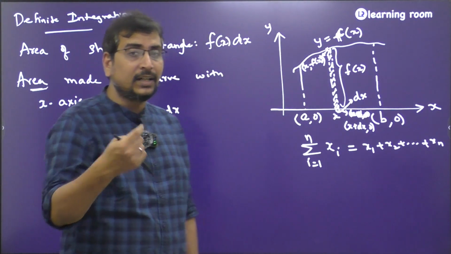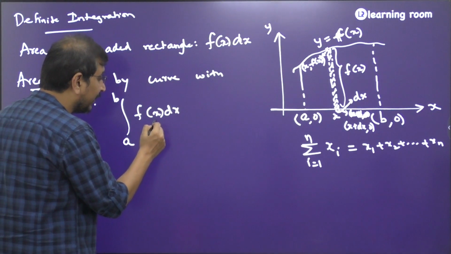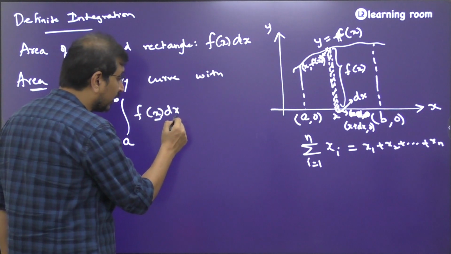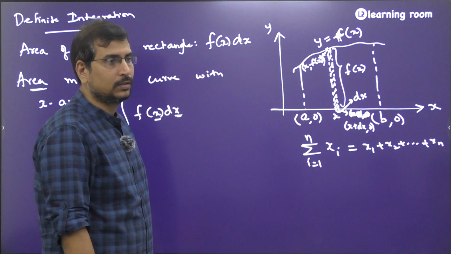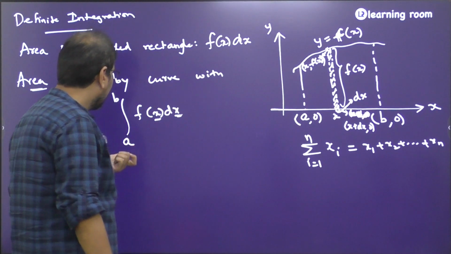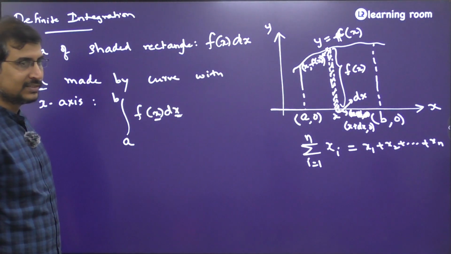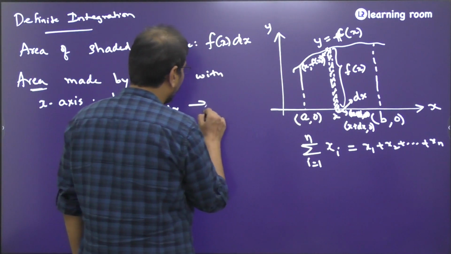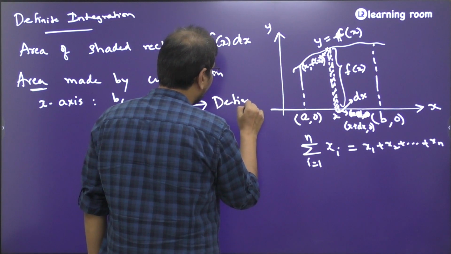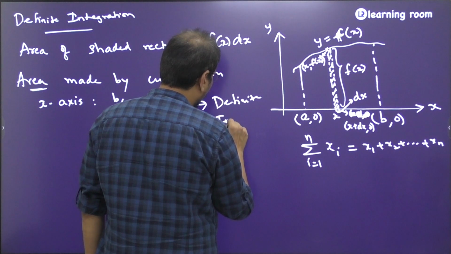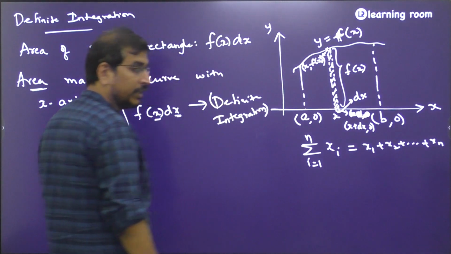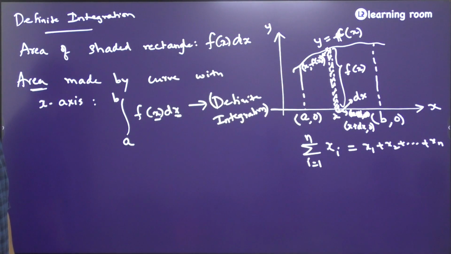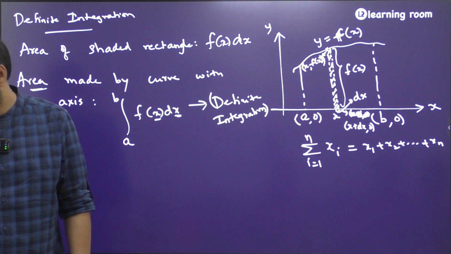To find that independent axis, look at the variable within f and the variable with respect to which you are integrating. So if you do the integral from a to b of f of x dx, this is what is going to be called definite integration. Am I clear with this point? So now make a note of this.